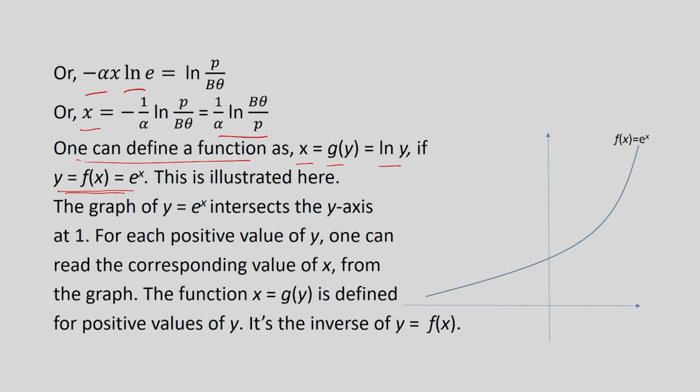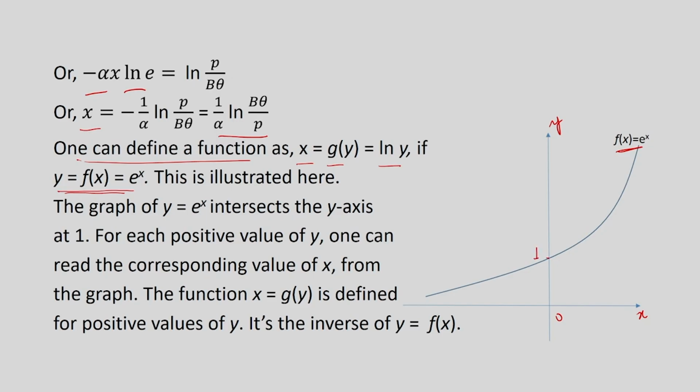The graph of y, right, here y is equal to e to the power x, the natural exponential function. It intersects the y axis at 1 that we have seen before. Why? Because if you put e to the power 0, it becomes 1.